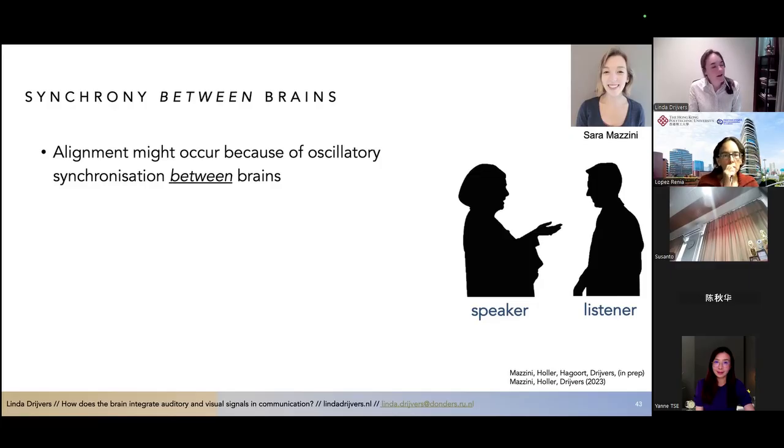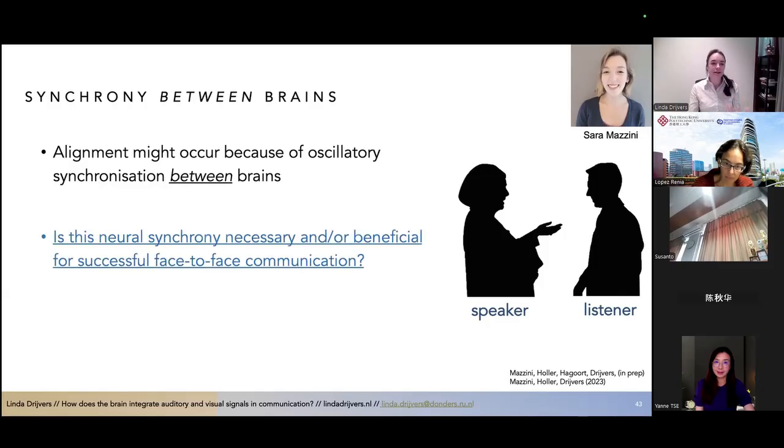And there has been quite a lot of work that looks at interbrain synchrony already, that has reported this neural synchronization between people, and said like, oh, you really need to be on the same wavelength, so to say, to make sure that communication is successful. But this has never been tested directly. So the question she asked in her PhD was, is this neural synchrony necessary and also beneficial for successful face-to-face communication?